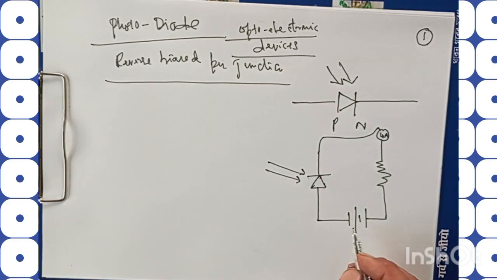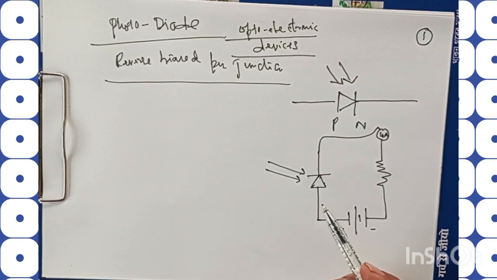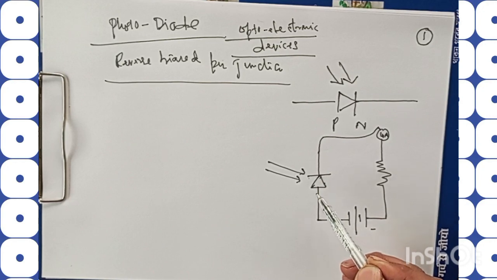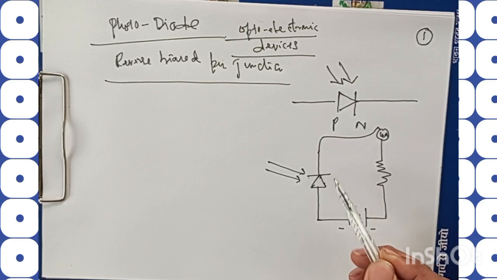So what we do here is we reverse bias a PN junction diode, we enclose it in some kind of plastic, and then light is allowed to fall on the surface of this plastic facing this PN junction, facing this diode.